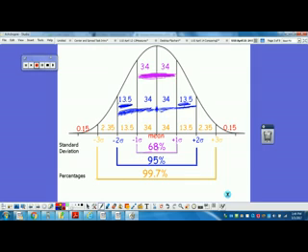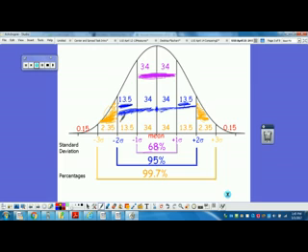Continue this experiment out one more. Between 2 and 3 standard deviations below the mean, 2.35% of the data exists right here in this next to last section. If I go to the same section over here, between 2 and 3 standard deviations above the mean, 2.35% of the data exists here.